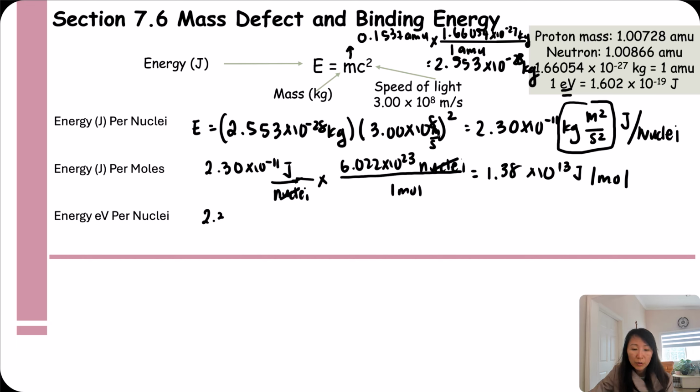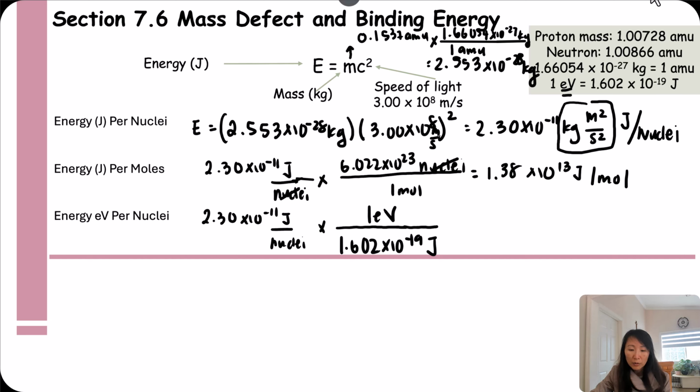So 2.30 times 10 to the negative 11 joules per nuclei, and then I have joules on the bottom and 1 electron volt on top, so we can cancel out the joules on both sides. So I have electron volt over nuclei.